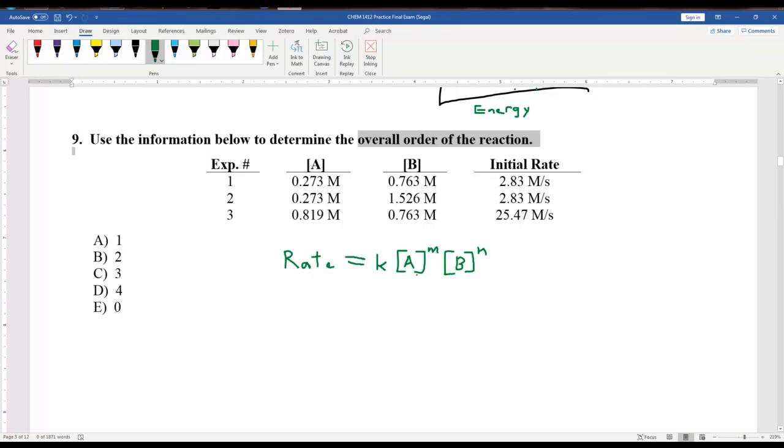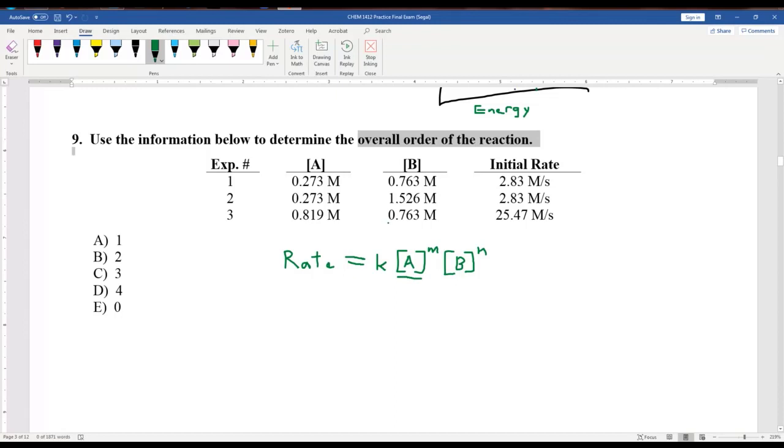So in this particular case, I'm going to set up rate expressions for two of the experimental trials. I'm going to do this in order to figure out what the order of reaction is with respect to a particular variable. So for example, if I wanted to figure out what the order of reaction is with respect to A, I want B to remain constant.